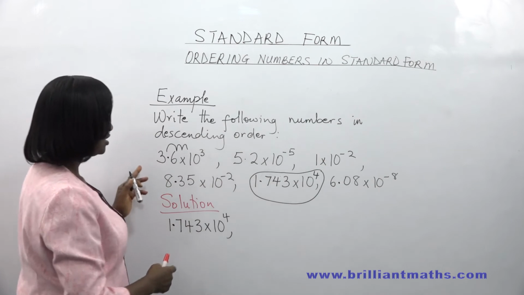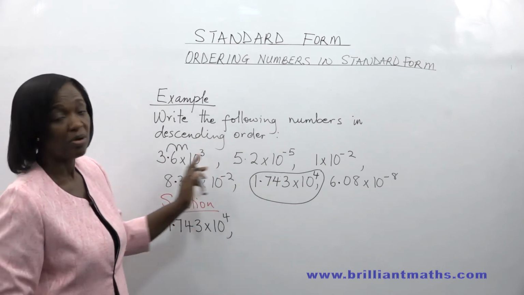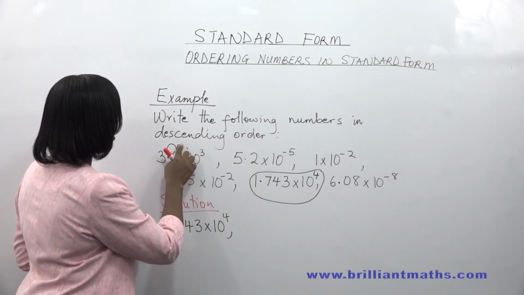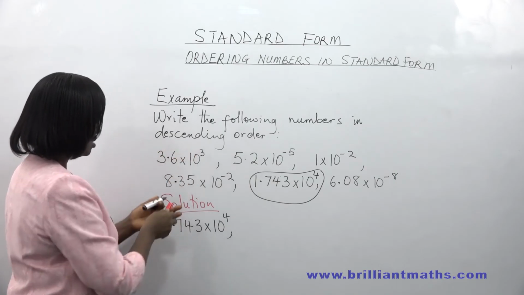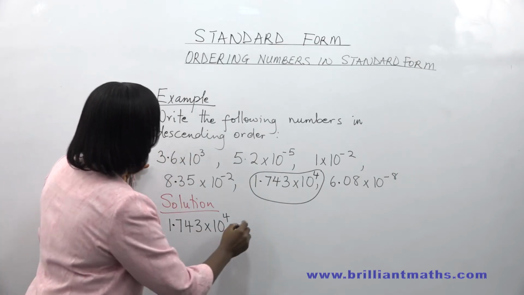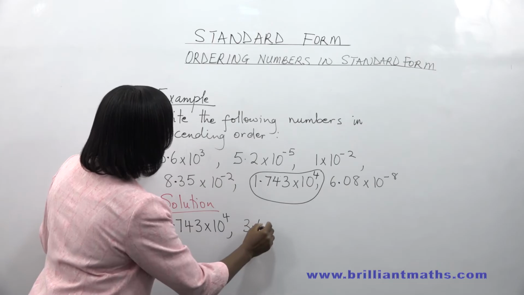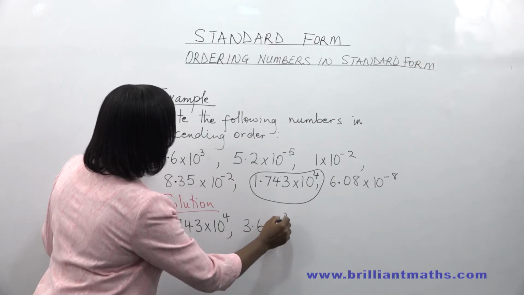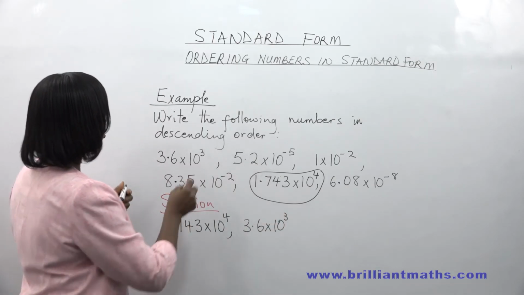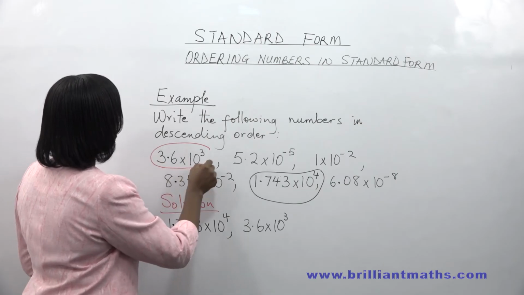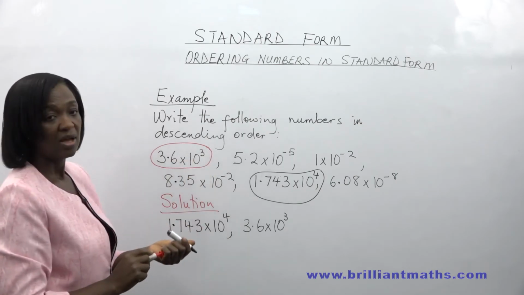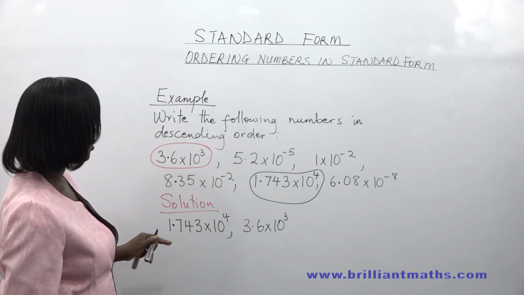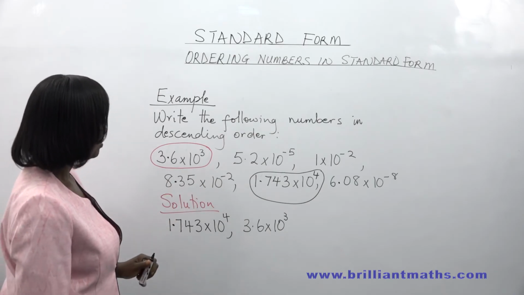The next, those are the only two with positive index. I'll take this out too. The next number is 3.6 times 10 to the power 3. I also circle it because I've written it. So we are left with the rest of them.